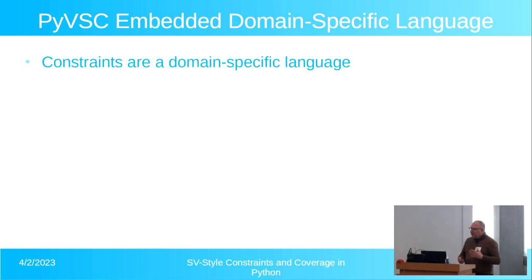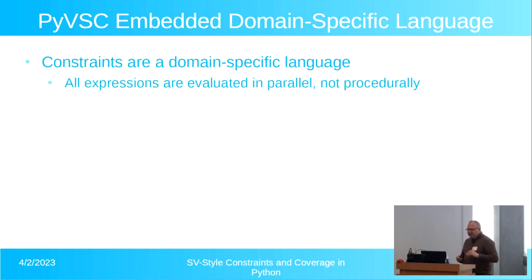Okay, so let's talk about the modeling aspect of PyVSC a little bit. Constraints are what we call a domain-specific language. That means that they have specific semantics that are perhaps a little different than you would think of in a programming language. When you see a statement in constraints, all the expressions in a constraint are evaluated in parallel. They're not evaluated sequentially like in a program.